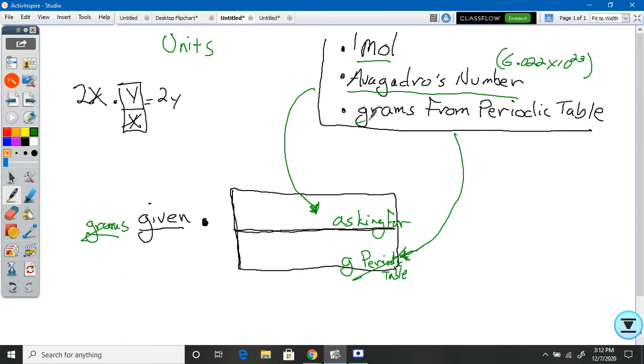It could be asking for moles, Avogadro's number, molecules, atoms, or grams from the periodic table. But regardless, you're limited to these three things that you can put inside of this box.